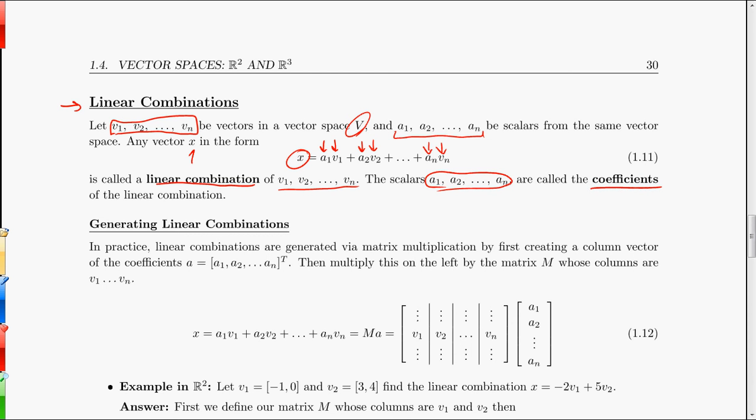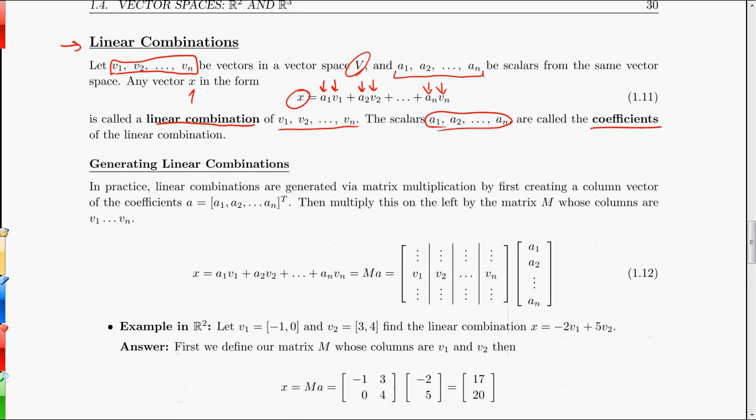Right? And now I'm going to show you how to generate linear combinations, because it looks like a nuisance to write all this out, and it is. There's actually a fast way to create linear combinations. If you take this linear combination that we wrote up here, I'm going to rewrite it right there.